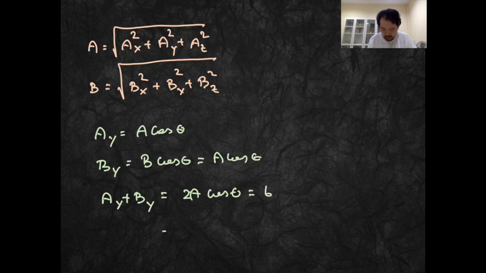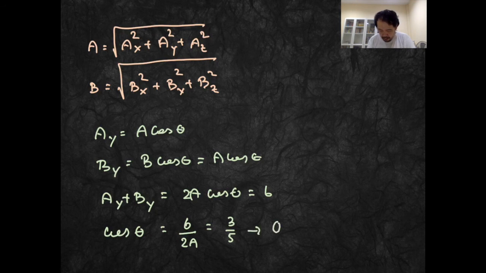So it means that cos theta is equal to 6 over 2A, which, with A equal to 5, is equal to 3 over 5.